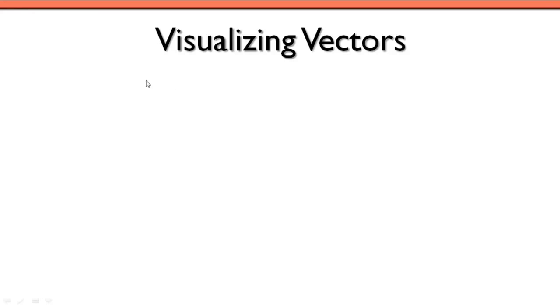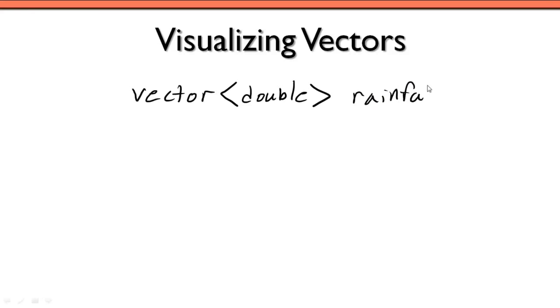So we may want to declare a variable, and the way we would do that is just use the word vector, and then we could specify the type, and maybe the type is double, so we can have some sort of fractional part there. And then we would actually give it a name. So maybe the name of this vector, since it's going to hold rainfall, is called rainfall.